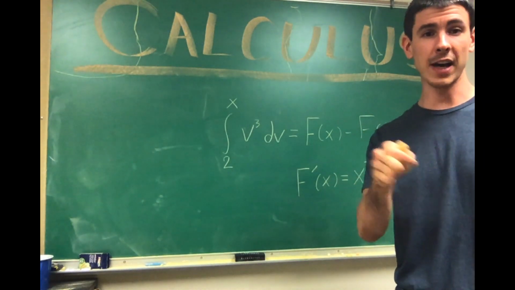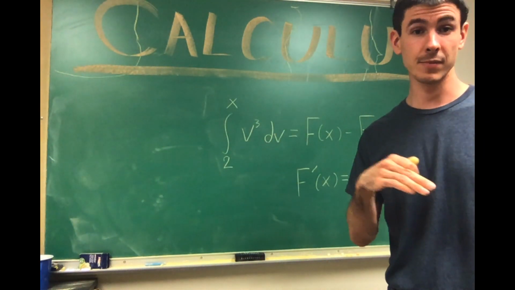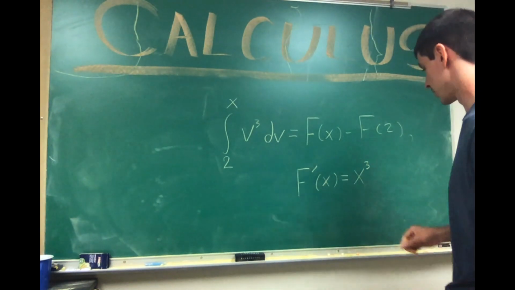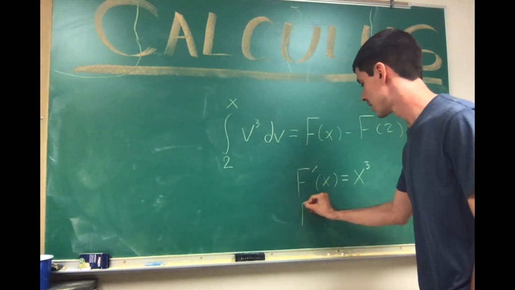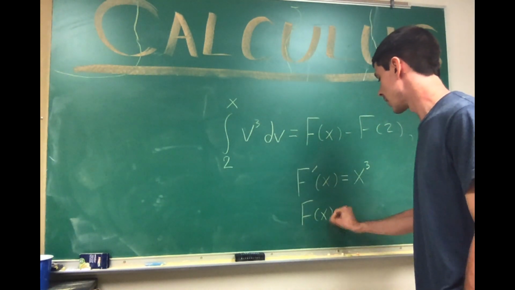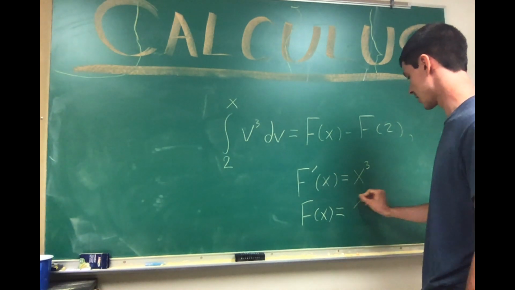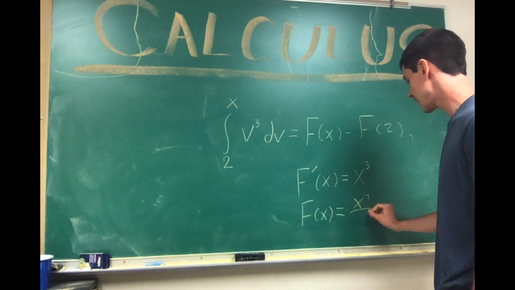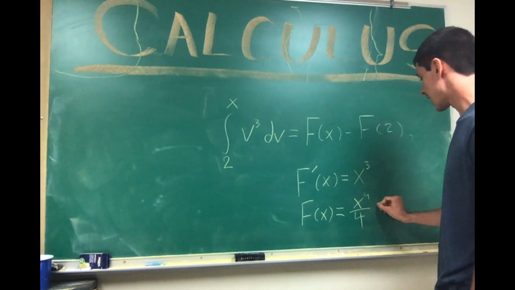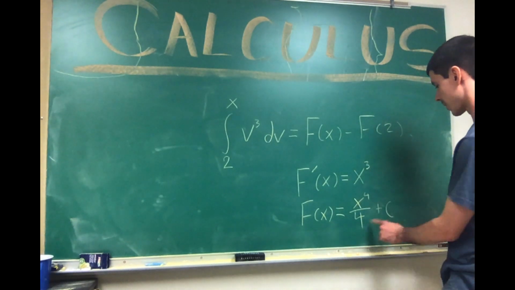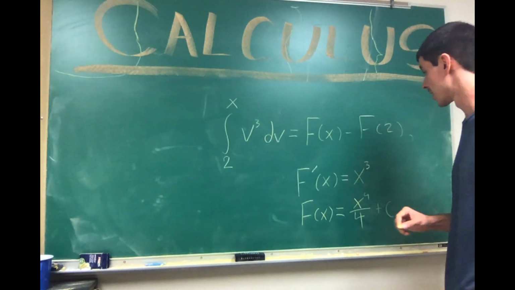So the derivative of x to the fourth over 4 is x cubed. Of course, it can differ by a constant, so F of x can be x to the fourth over 4 plus any constant.